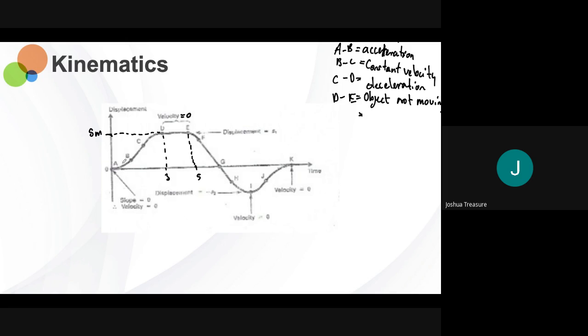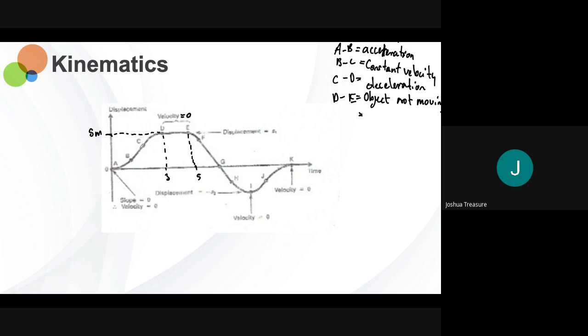You're moving towards the highway now, and the highway is a smooth road, right? So you're moving at a constant velocity here from B to C. Then at C to D, you're going to stop.